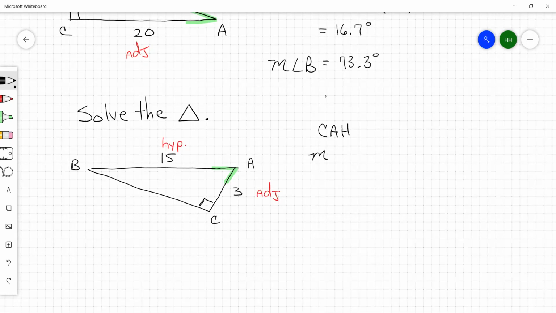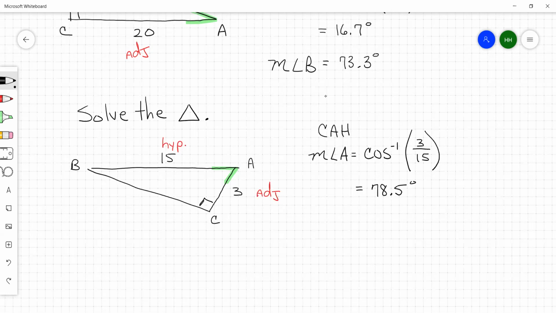So the measure of angle A is equal to inverse cosine of the adjacent side over the hypotenuse. So 3/15, second cosine, 78.5 degrees.